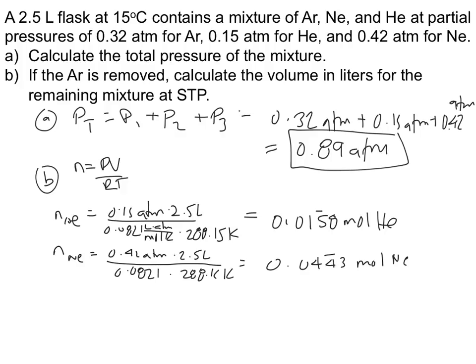So what we're going to do is sum together these two values, and we're going to utilize the relationship between volume and the number of moles at STP.